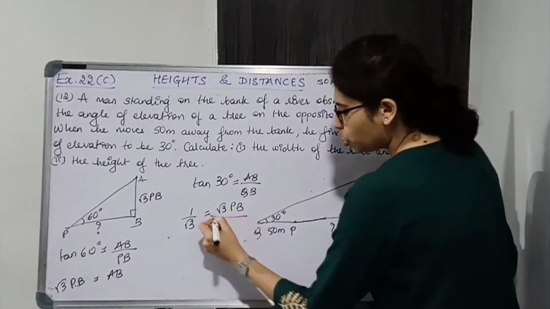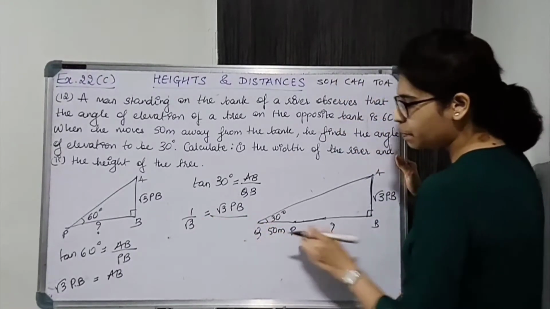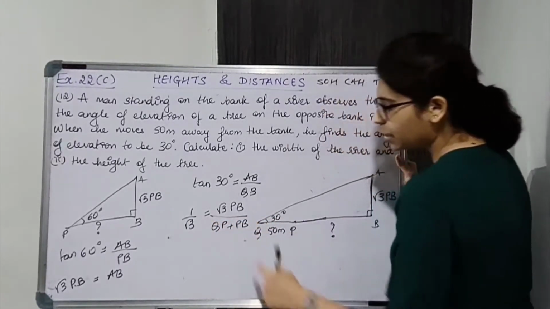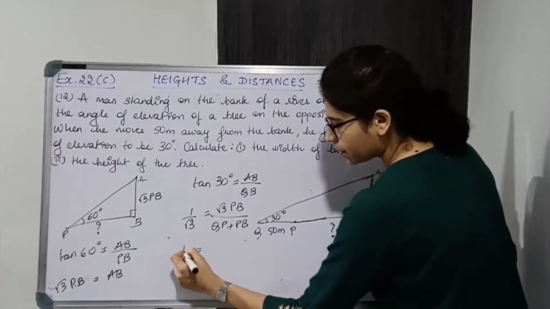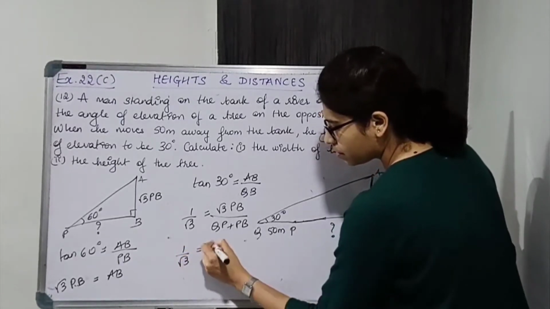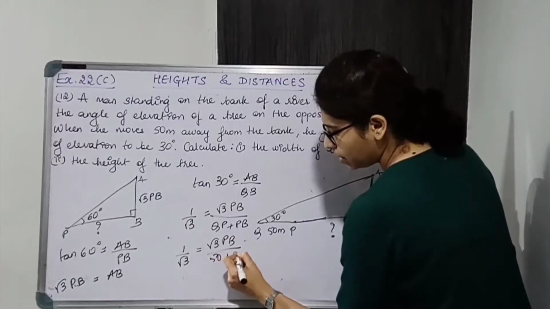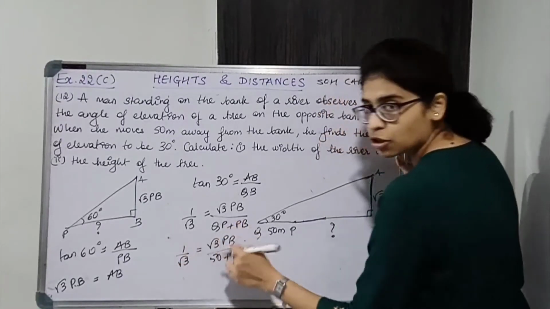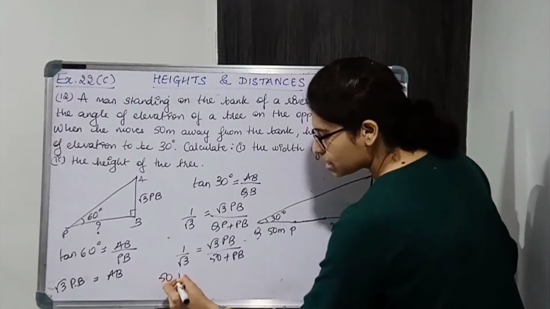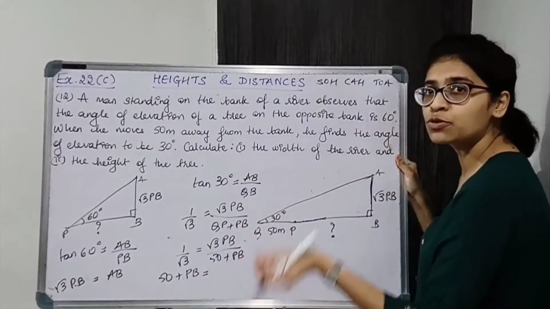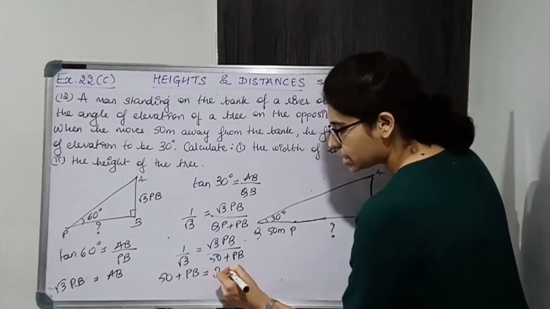So let's break QB, so it will be QP plus PB. QP is 50 plus PB. So shifting this, cross multiplying, 50 plus PB is equal to √3 into √3. Square root of a number into square root of the same number gives the number itself. So it becomes 3 PB.